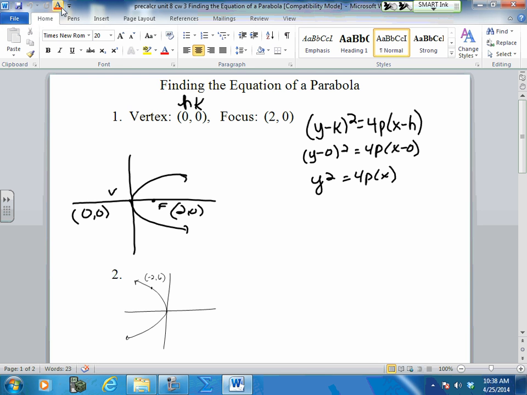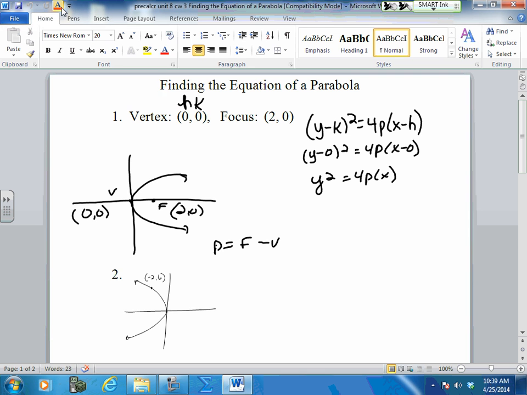Good. It's the focus minus the vertex. So if we do 2 minus 0, we get 2. But rather than memorize the formula, distance is always positive. However, we need to know if I'm plugging in a negative or a positive number. If it's going to the right, is p negative or positive?